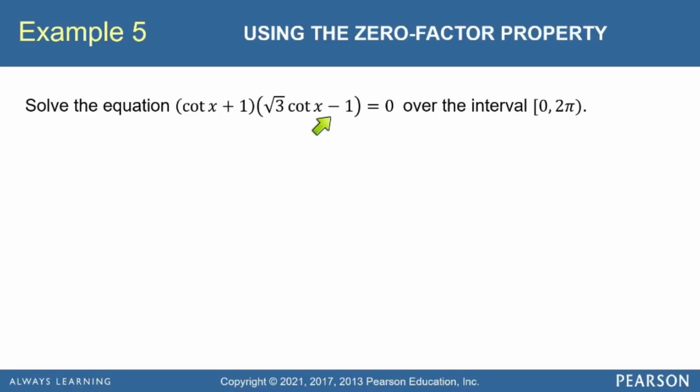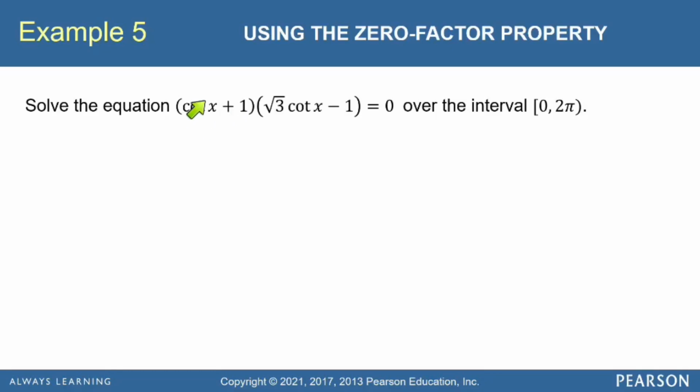So the factoring in this equation is already done for us, and we just need to say that since this parentheses times the other parentheses equals 0, it means that one of the parentheses has to equal 0. Therefore, we want to find all values of x that would make the first parentheses equal 0, and we want to find all values of x that would make the second parentheses equal 0.